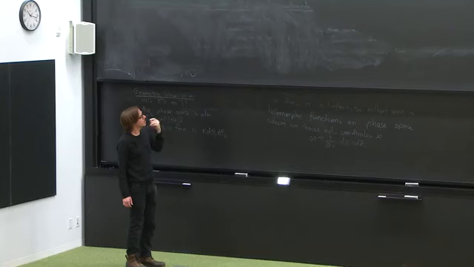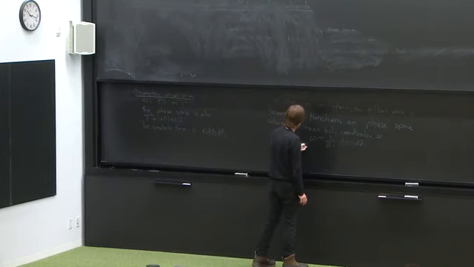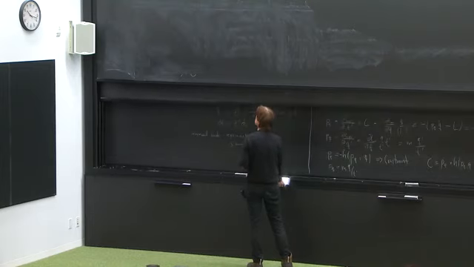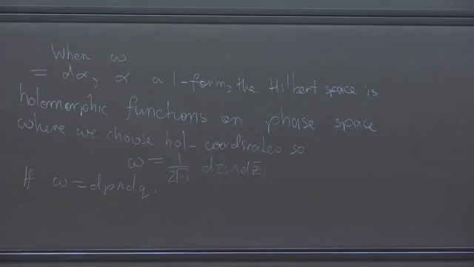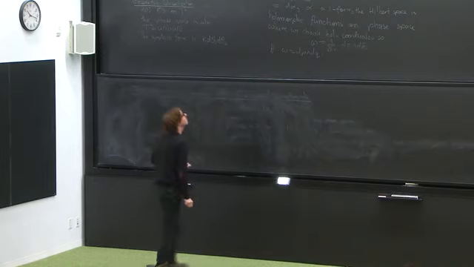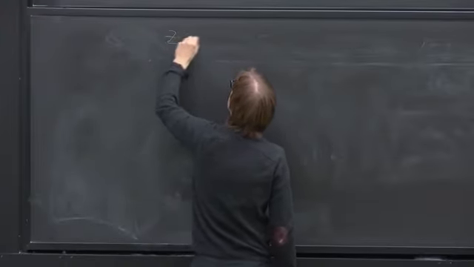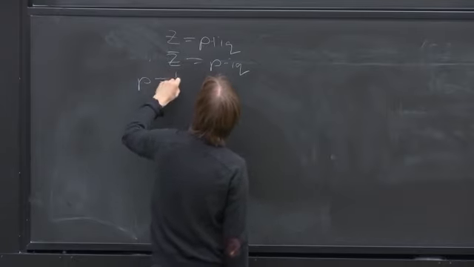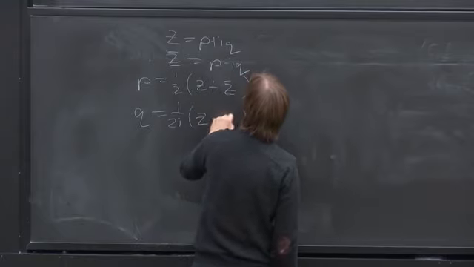So for example, in the case of just flat space, R^2, if ω is dp ∧ dq, then z is p plus iq, z bar is p minus iq, and so p is a half (z plus z bar), q is 1 over 2i (z minus z bar).